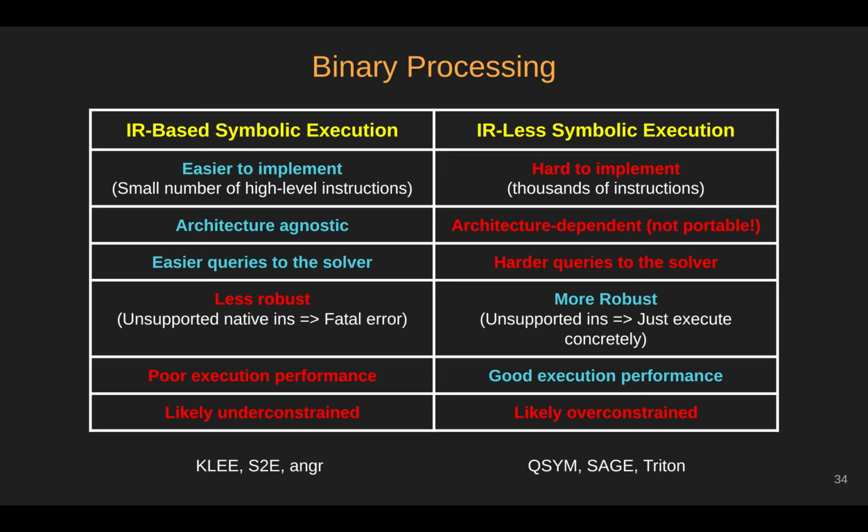But because of all the things we mentioned, IR-based is likely under-constrained because it doesn't support some native instructions and modeling the environment and stuff like that. Whereas with IR-less symbolic execution, it's likely over-constrained because you're executing essentially concretely, and you might have missed some constraints that were supposed to be collected along the way, but you just queried some points of interest.